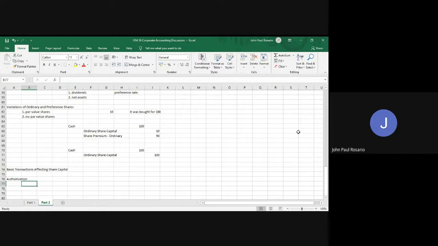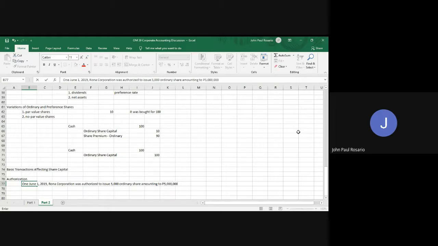On June 1, 2019, Rona Corporation was authorized to issue 500,000 ordinary shares amounting to 5 million pesos.